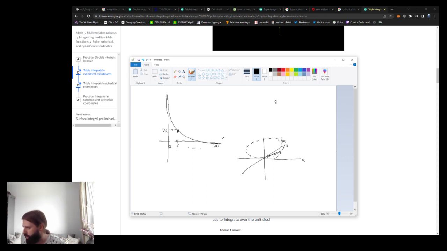But actually, these ZR can be infinite. No, it can be at most 1, because you cannot get higher values here.